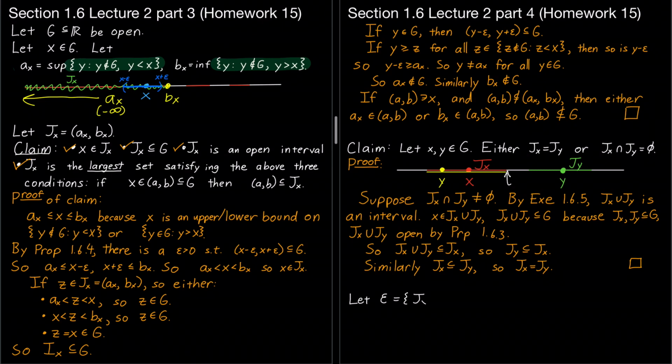It's the set of all Jx such that x is in G. Then E is a set of open intervals, and if I and K are two intervals in E, then either I equals K or I intersect K is the empty set.